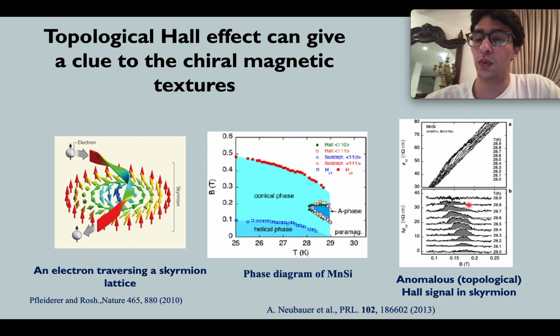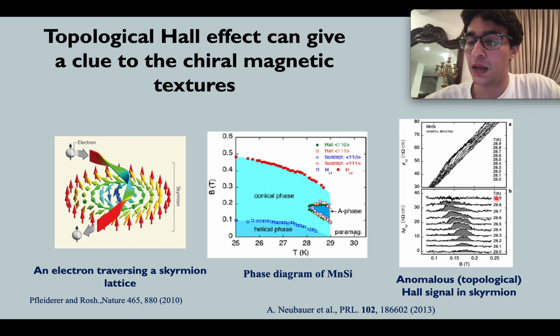A signal of this was observed in the data highlighted by the hump here. The magnetic structure must not necessarily be a skyrmion if this hump is visible, but it could also be a result of non-collinear or non-coplanar spin arrangements. Our goal is to design such textures and detect them by Hall measurements.